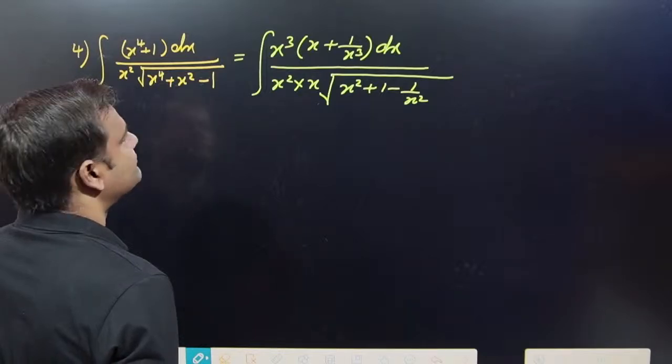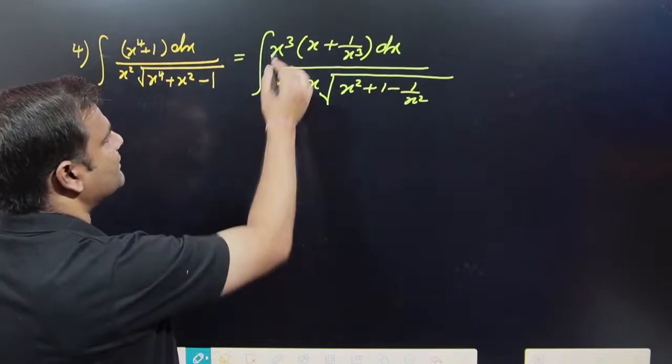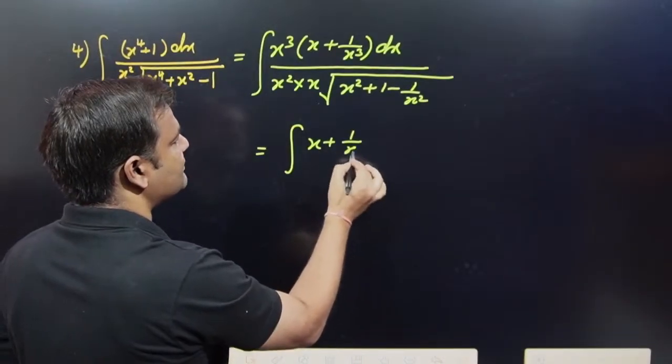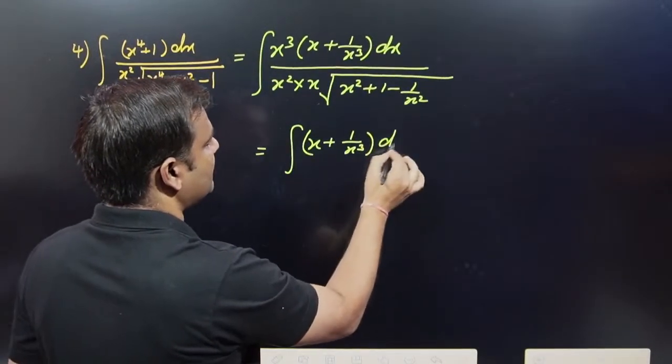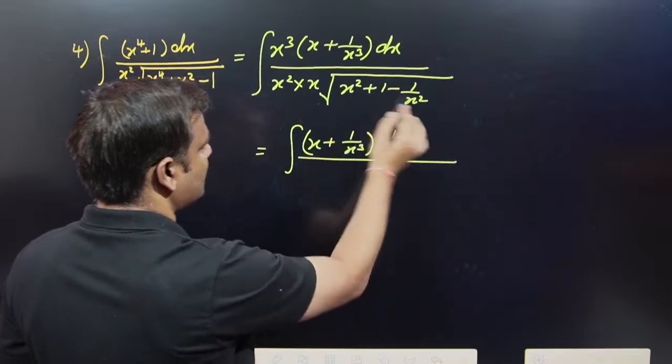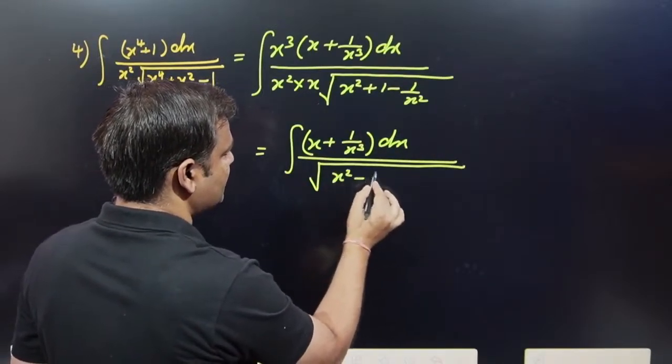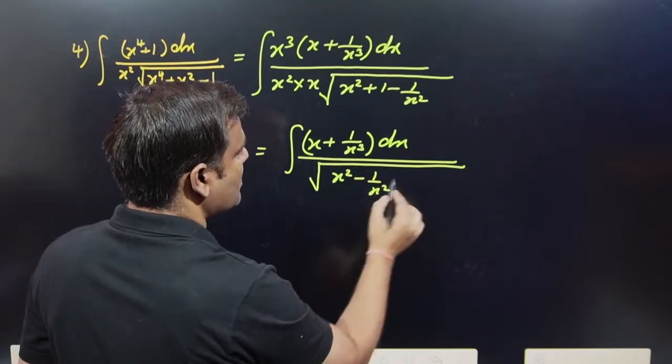Okay, these two cancel out, so x plus 1 upon x cube dx, and what about that value? Under root of here x square minus 1 by x square plus 1.